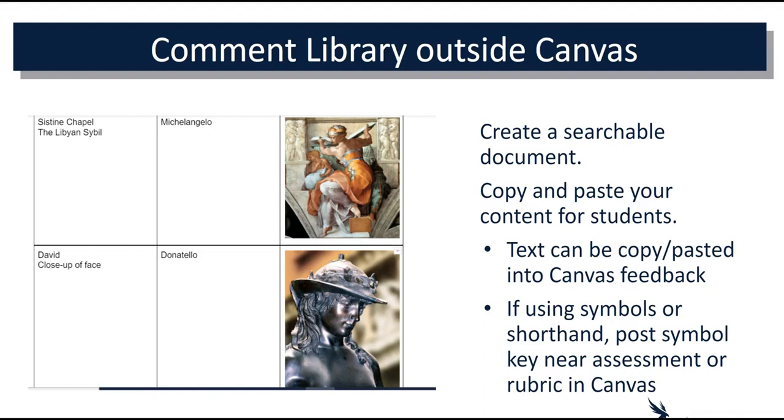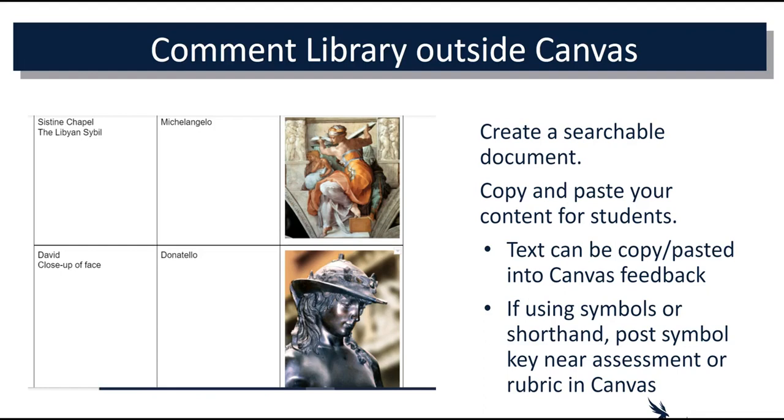You want to make sure that you take your comment library and put it in Canvas. I would say copy and paste it, upload it, and put it in your Canvas course someplace close to your assignment so students can refer back to this comment library after your grading. Let's say here I was thinking for an art history class, what would I do if I'm saying, who's the Libyan Sibyl in the Sistine Chapel?